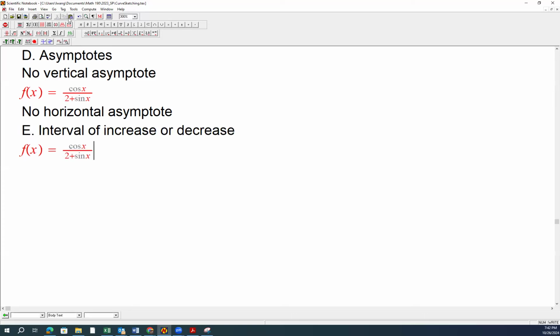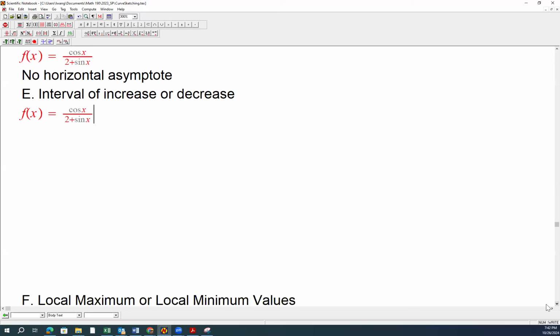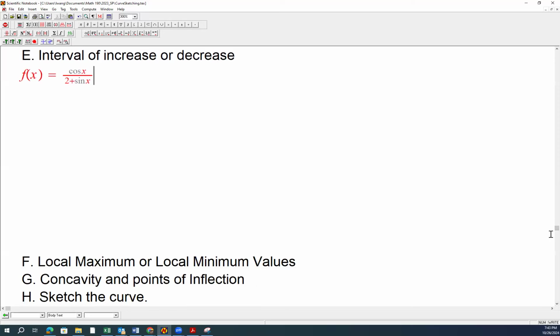Sorry about that. Okay, so this is the place where we're going to determine critical numbers, local max, and local min, as the next steps if possible. So first we're going to determine the intervals of increasing or decreasing. Okay, so we're going to find the first order derivative.